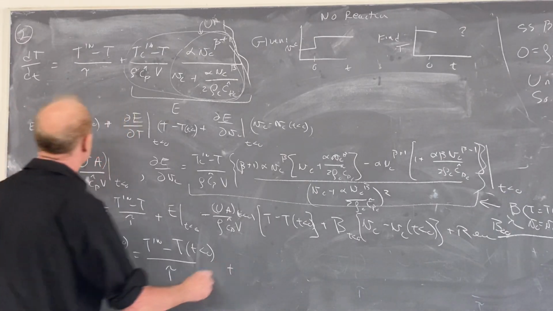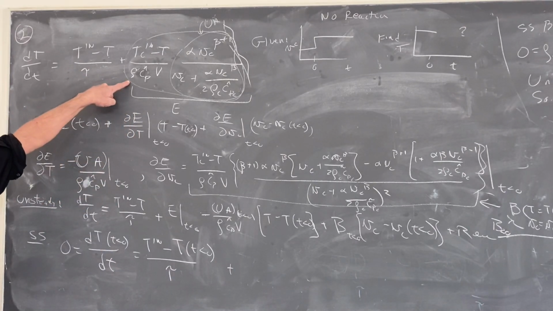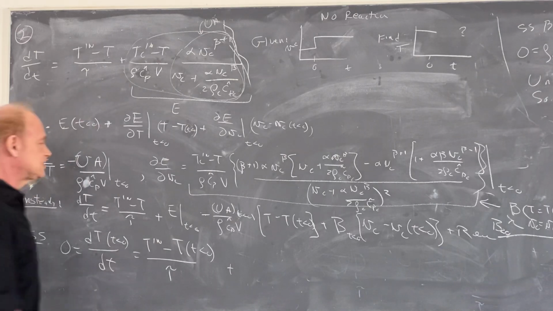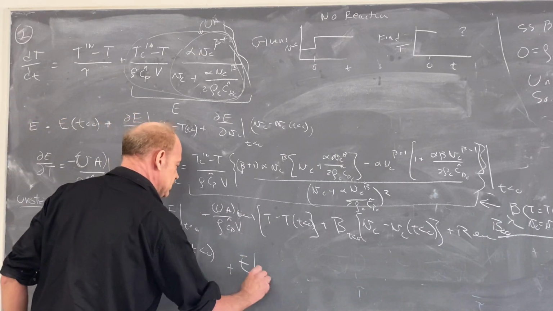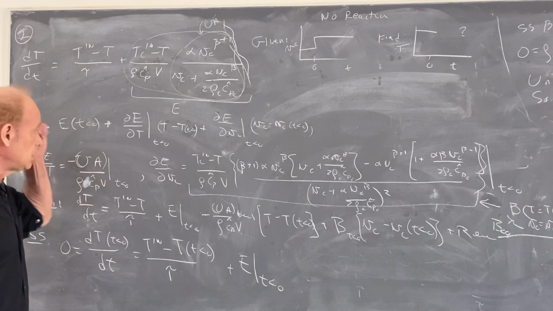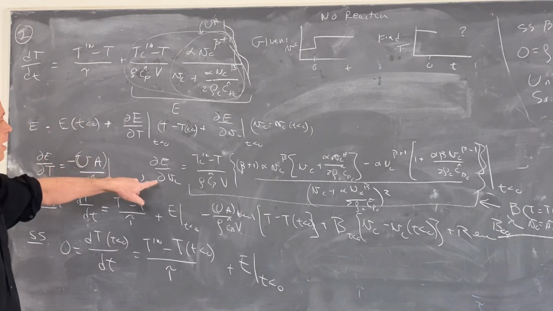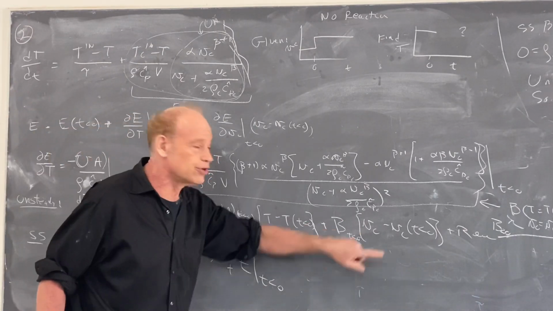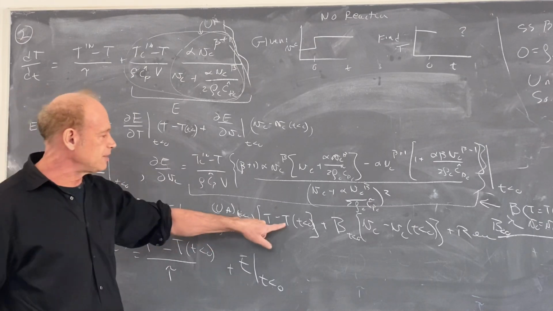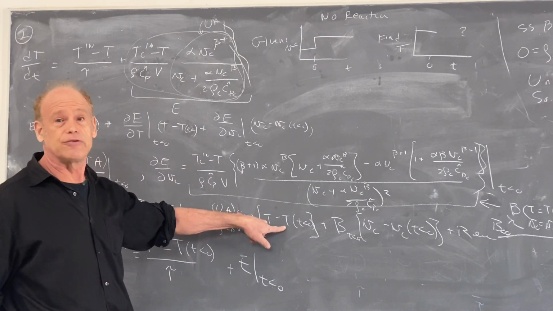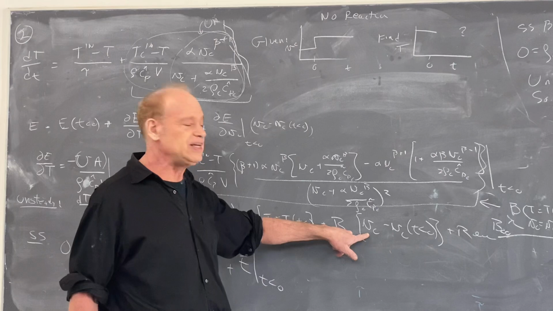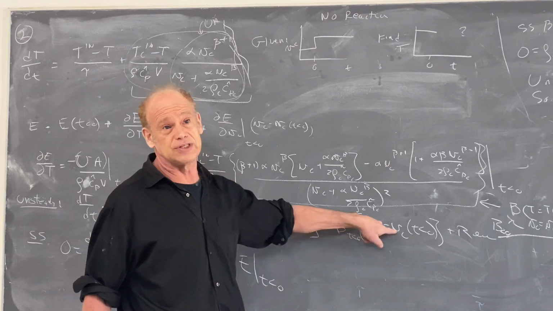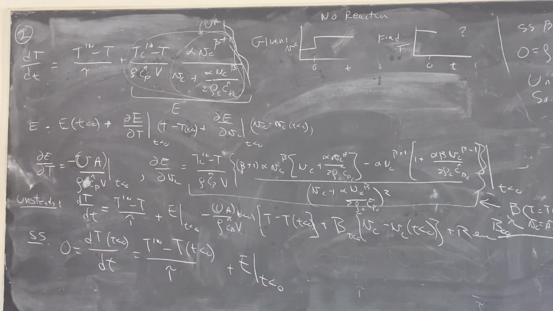This term should normally have all three of these terms, but for t less than 0, T is equal to T less than 0, so this one would be 0. And Vc was Vc for t less than 0, so this is 0. So I'm just left with this.